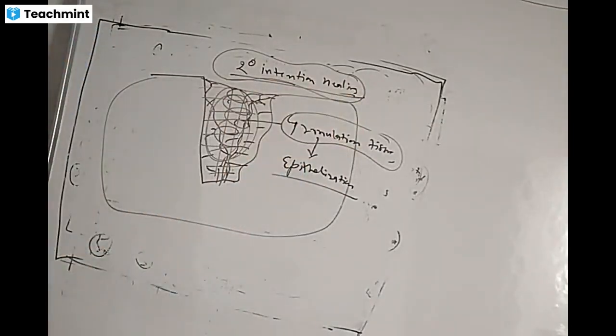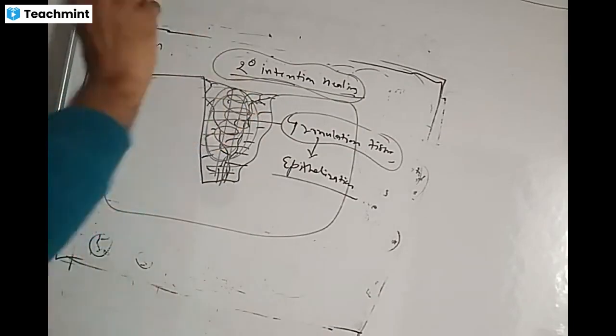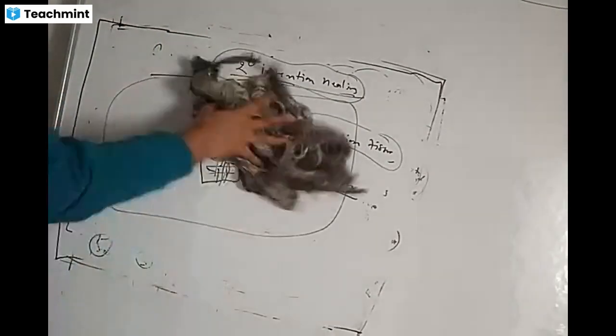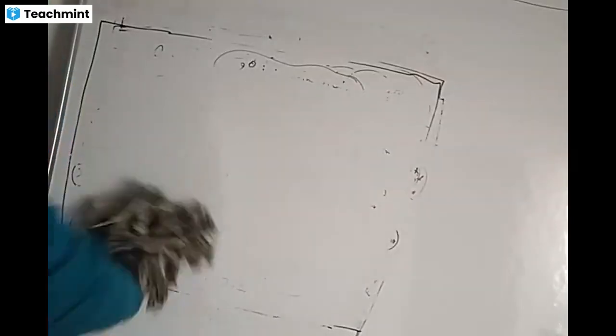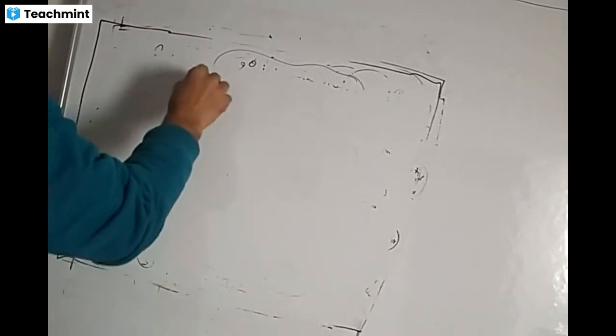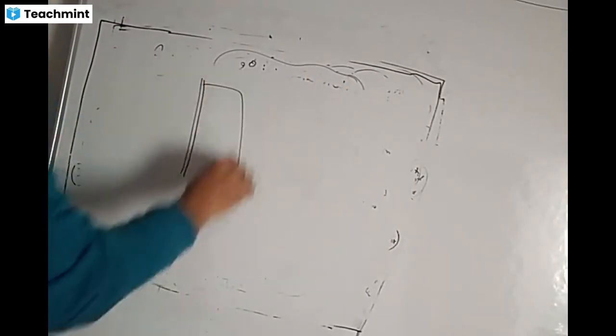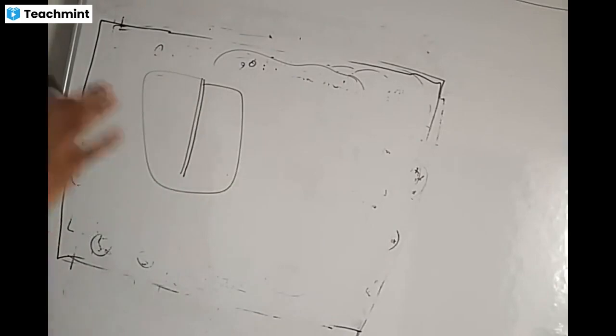So this granulation tissue will be formed in large open wounds where the edges do not meet. They are far away. But it is not formed in an incision wound which is created by us for the purpose of surgery. No need to form granulation tissue.